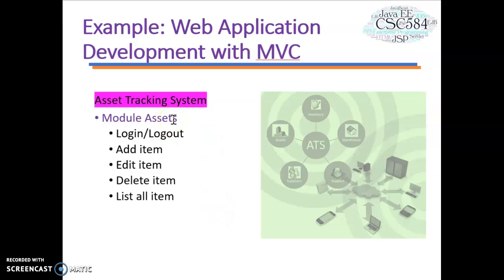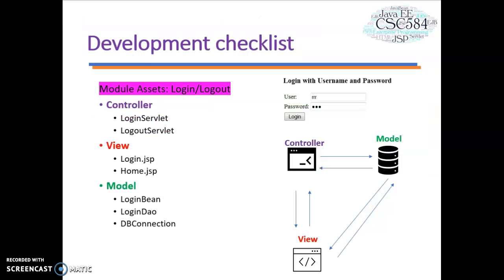So in this Asset module, you need to determine the functions. So basically, the functions are listed out here, which is the login, logout, add item, edit item, delete item, and list all item.